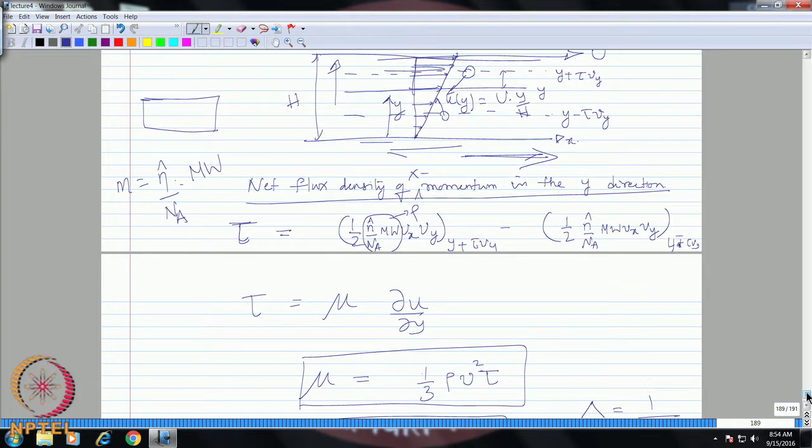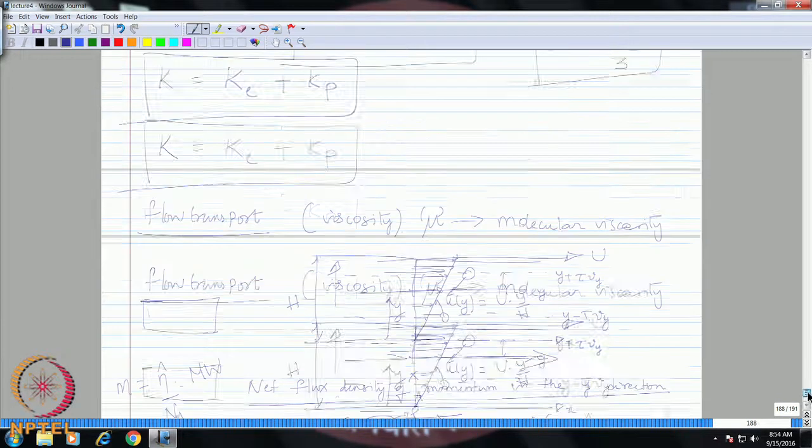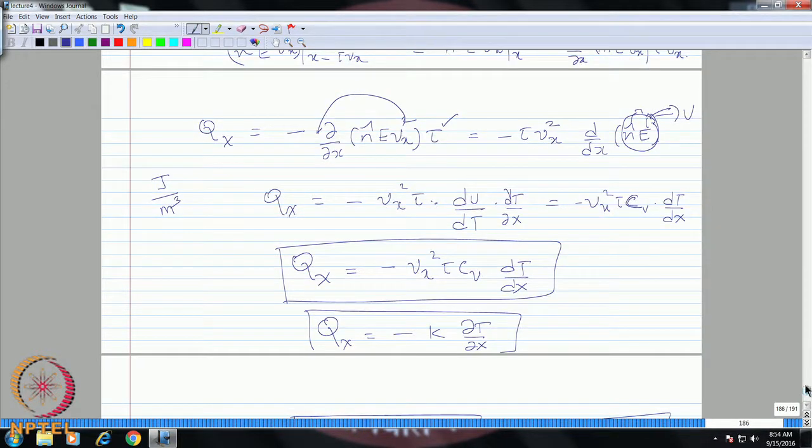Okay. So, just like you relate your heat flux to temperature gradient, you can relate your mass flux to the concentration gradient, and you have a mass diffusivity which can be calculated using Fick's law of diffusion, and from kinetic theory also you can do that, and therefore, you can derive a relationship between the diffusion coefficient and the molecular characteristics. Similarly, the Ohm's law in electrical engineering.